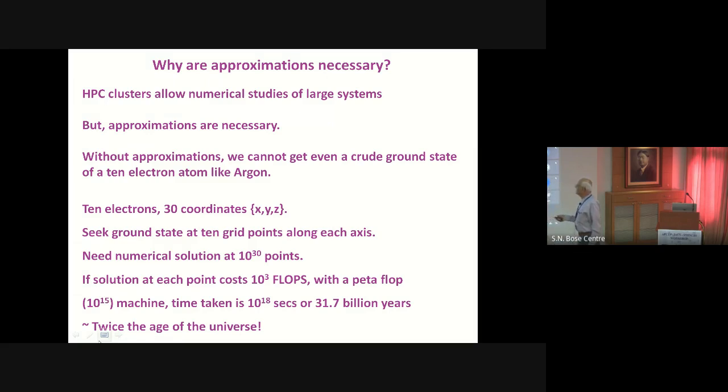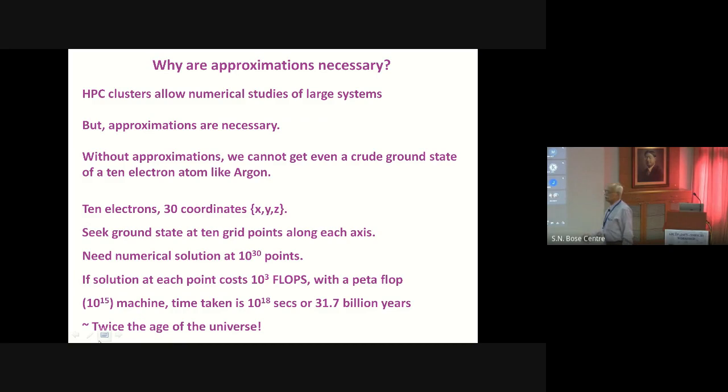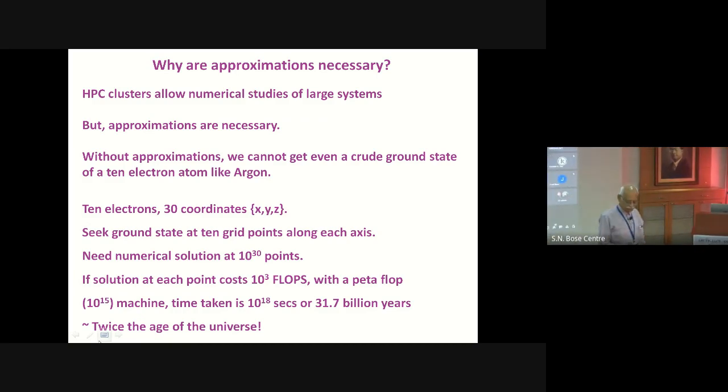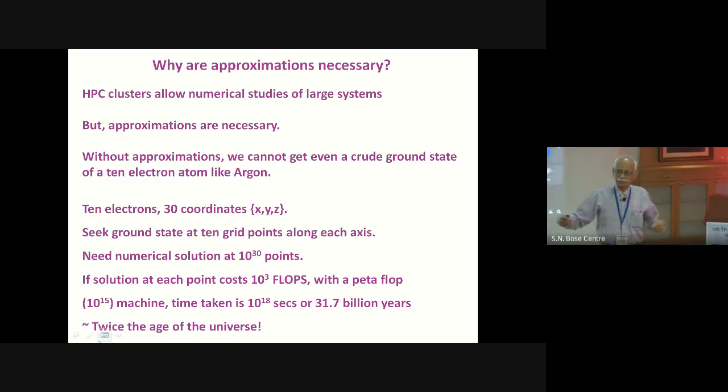Let us look at a very simple case of the argon atom. Argon atom has 10 electrons. 10 electrons means 30 coordinates: x1, y1, z1, x2, y2, z2, etc., xn, yn, zn. And then we want to seek the ground state at only 10 grid points along each axis. So along the x-axis, x1 10 points, x2 10 points, x3 10 points, y1 10, y2 10, like that. So the total number of points at which you need numerical solutions is about 10 to the power 30.